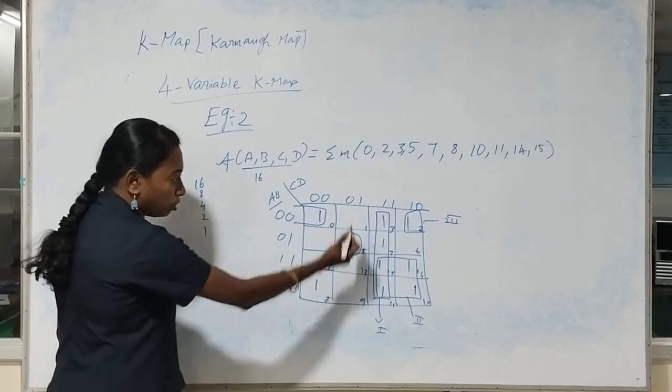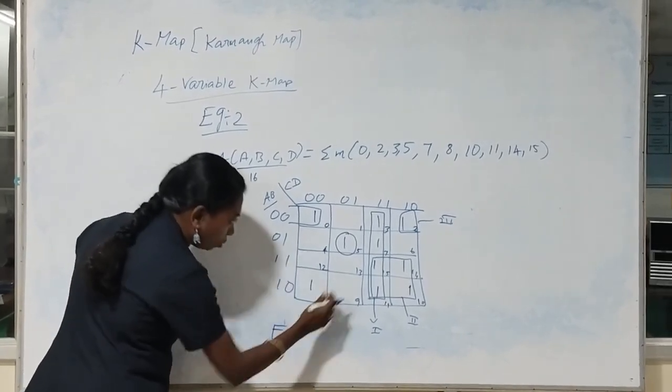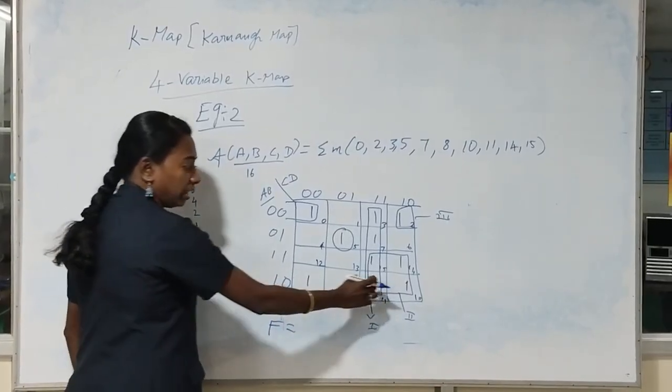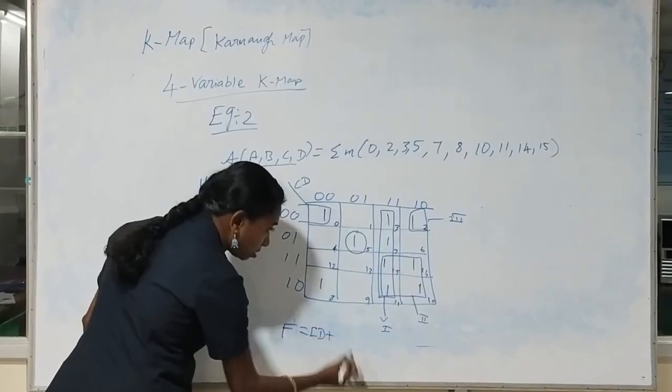Okay. For your first grouping, f is equal to, since all the values are marked here, the corresponding rows will be 0 and the corresponding columns is C, D, plus.